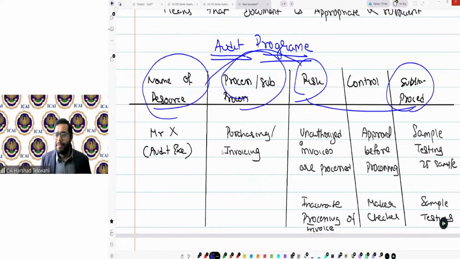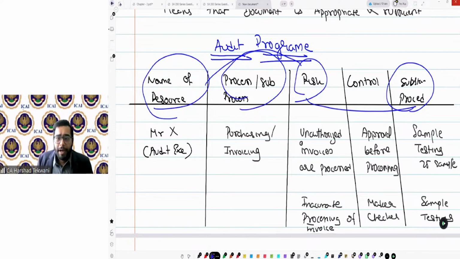So when I say audit program, it is nothing but a document prepared to allocate the work to the team members, which includes the list of audit procedures and instructions to be followed by the member, along with the duration for the completion of the audit task.